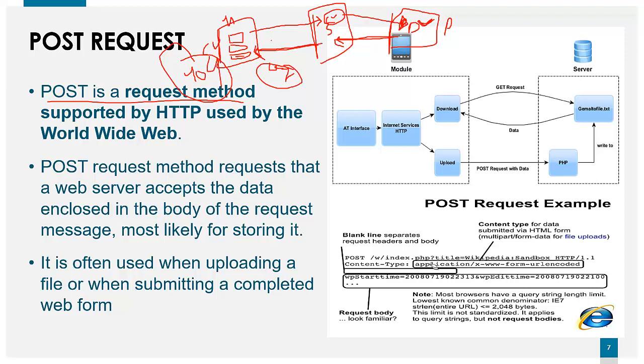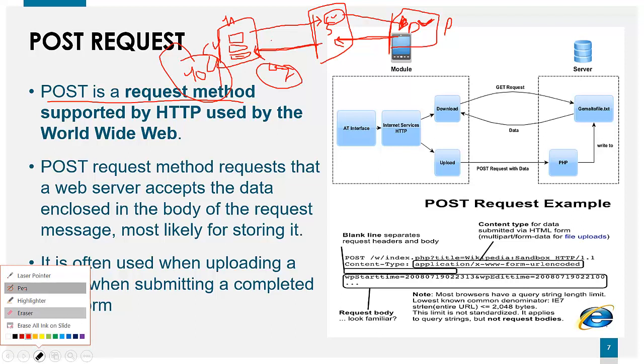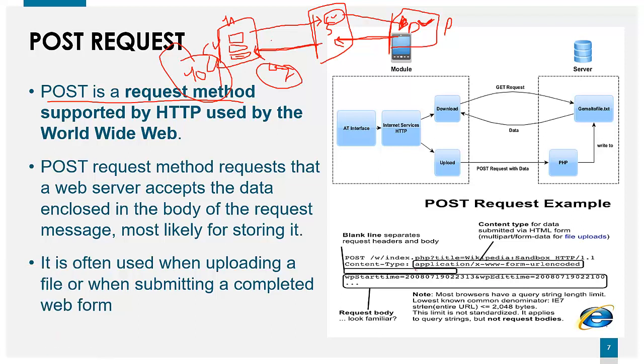See that, because here the content type is application/x-www-form-urlencoded, because our data will be encoded there. So this will not be visible to us. So this is our POST request.